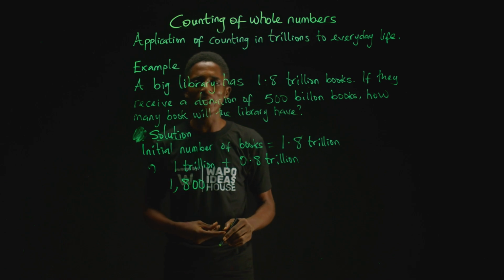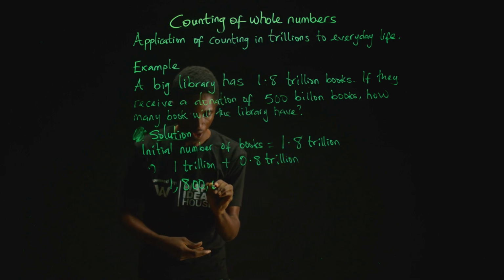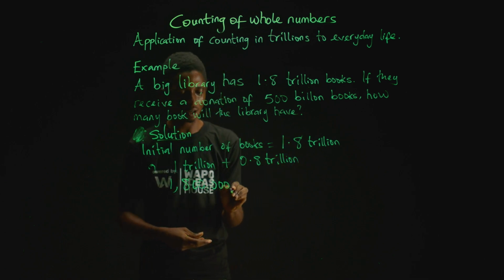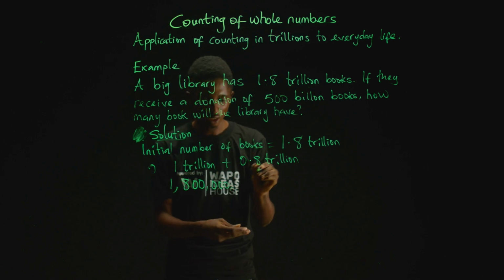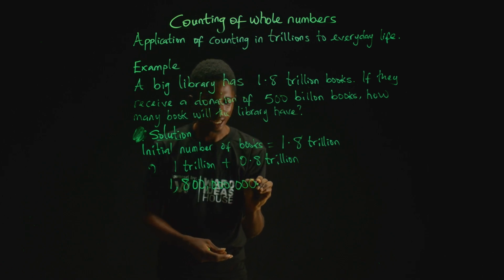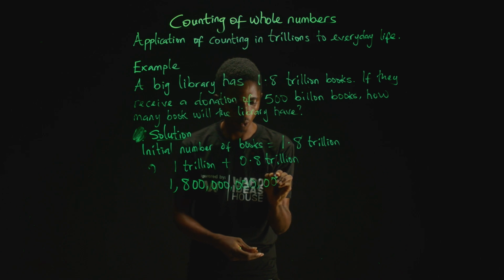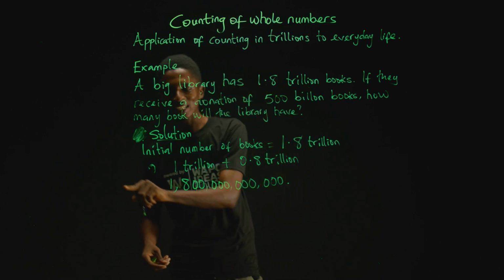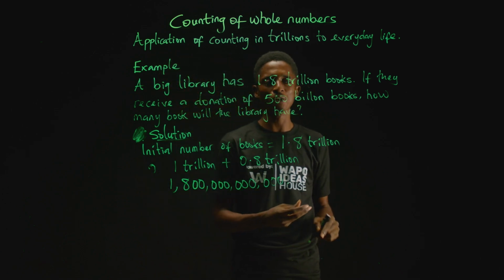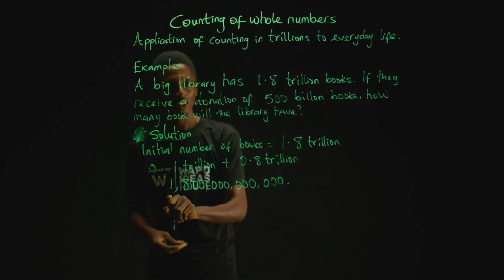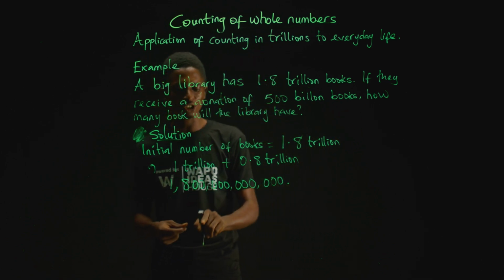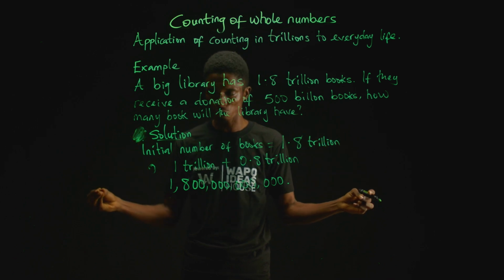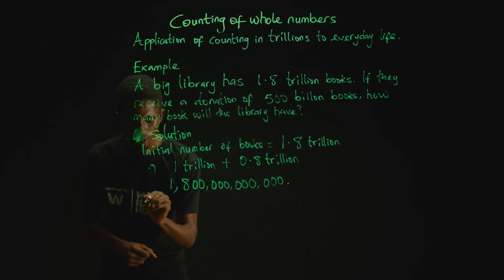And after billion, we have the million, which will be filled with 3 zeros. Then from million to thousand, and then to ones. Good. That is, initially, this library has 1,800 billion books.